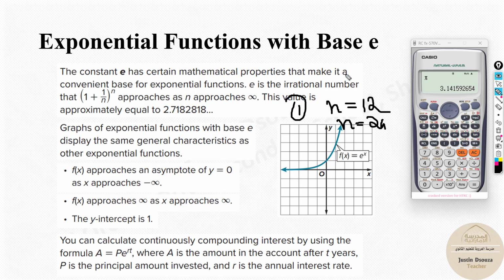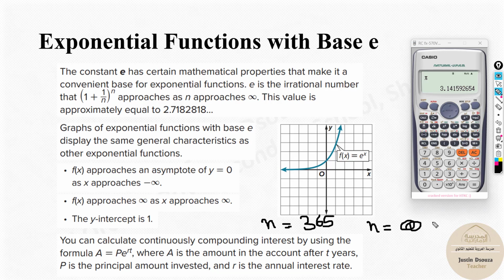There is an increase as n is more. So what if I told you every day the amount you invest was compounded? Then n is equal to 365, because there are 365 days. Now, what if you make n a very big number, n going towards infinity?